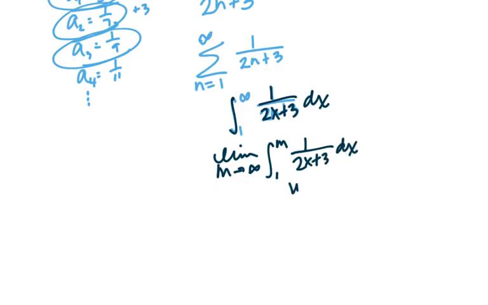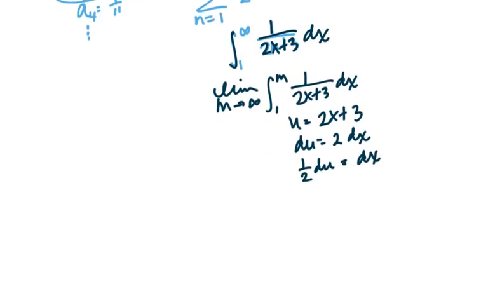You see u-sub. Let's let u equal 2x plus 3. Then du equals 2 dx. So dx is 1/2 du. So now we have the limit as m approaches infinity. My limits get a little sloppy. If yours get a little sloppy, that will be okay.